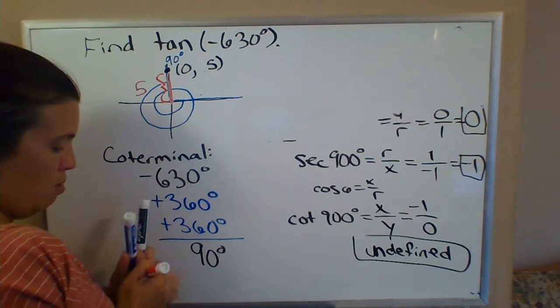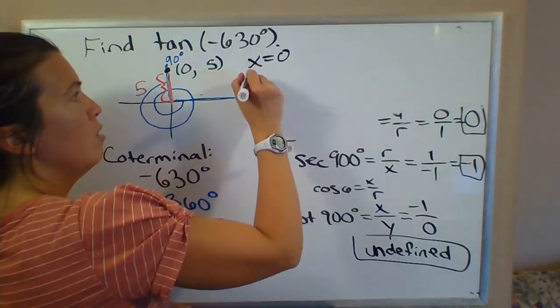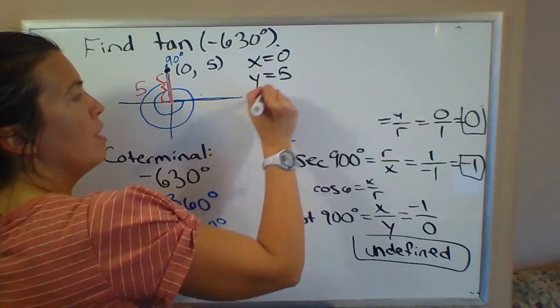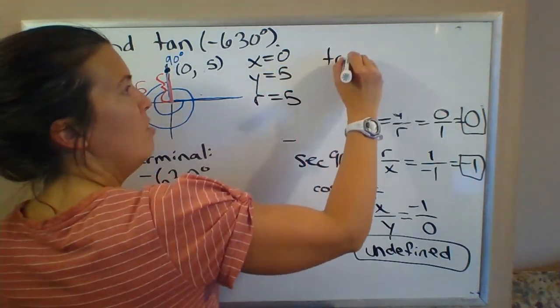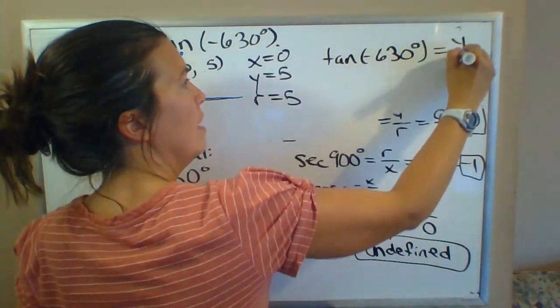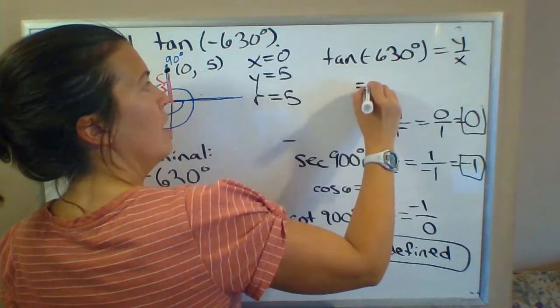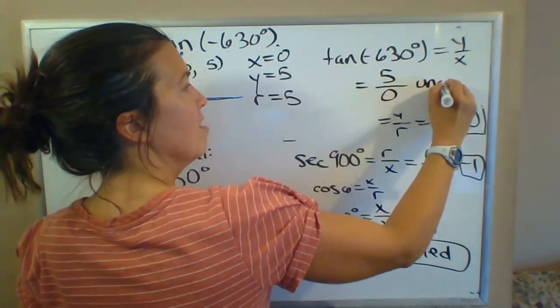So for these coordinates, we're going to use x equals 0, y equals 5, r equals 5. Tangent is equal to y over x. So that'll be 5 over 0, which again is undefined.